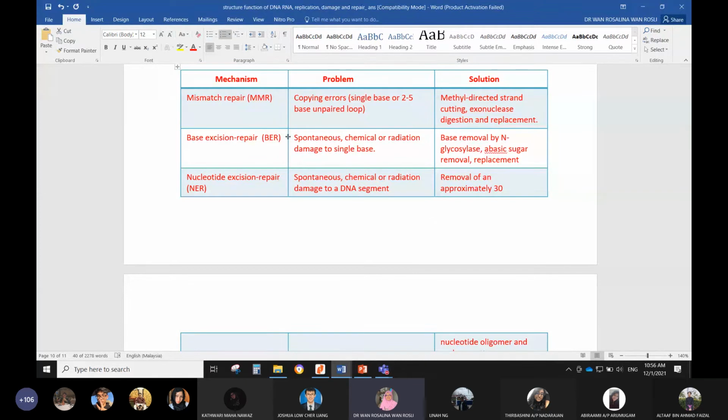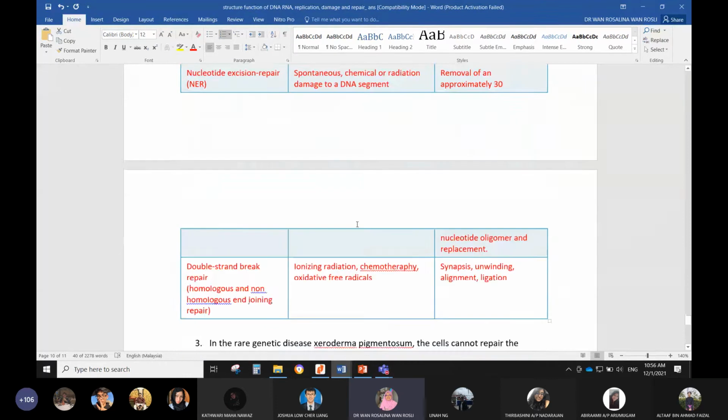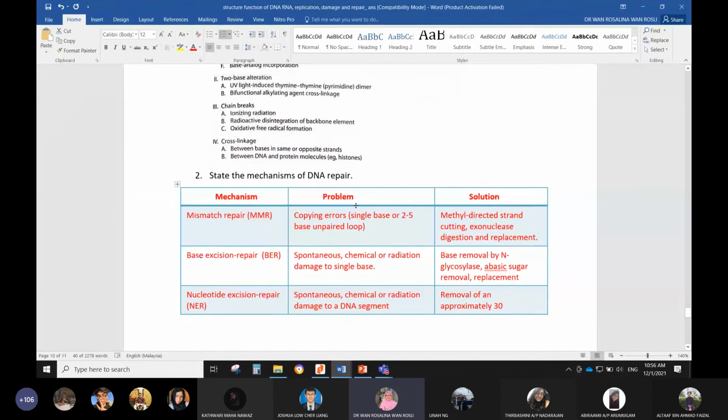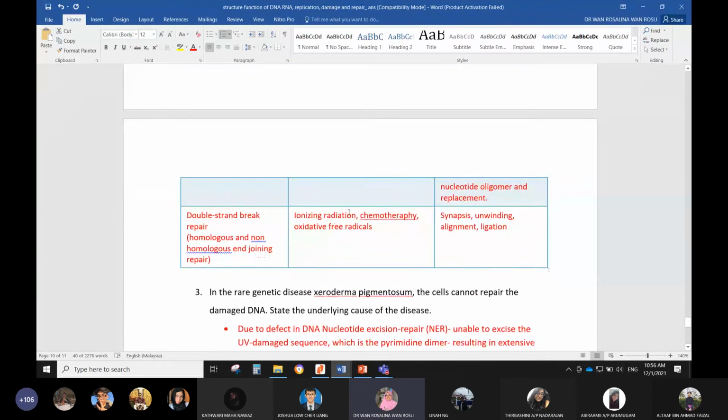But before it goes to apoptosis, it would actually try to repair them, and this could use your mismatch repair, your base excision repair, or nucleotide excision repair, or if it is a very significant damage, then it could also be by double strand break repair. So this is a very major mechanism to repair your DNA.